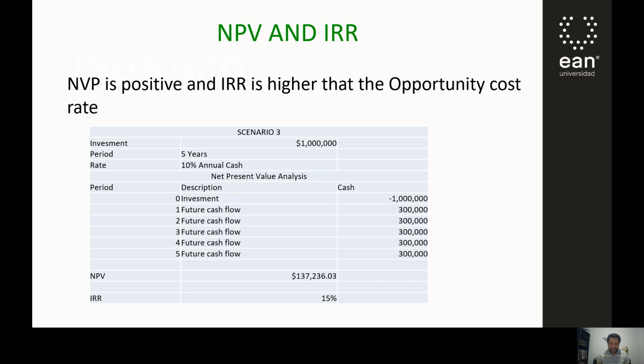This is the best scenario. Why? Because the net present value is positive and high, and the internal rate of return is higher than the rate of the investment. For that reason, in this case, the project is positive and feasible.